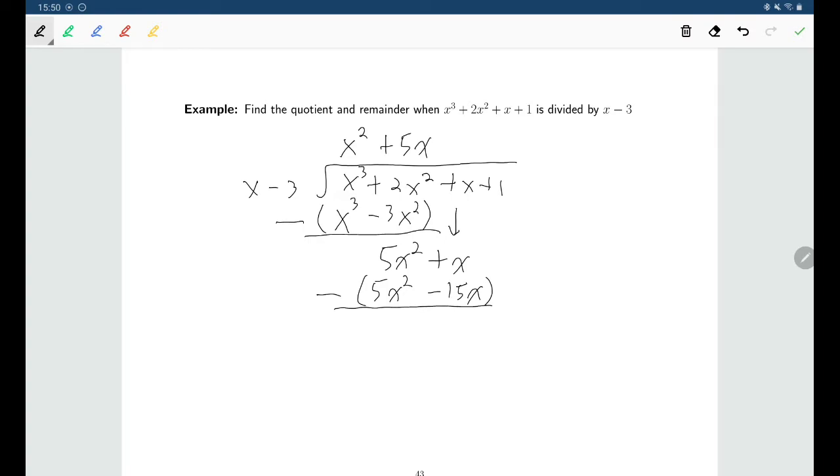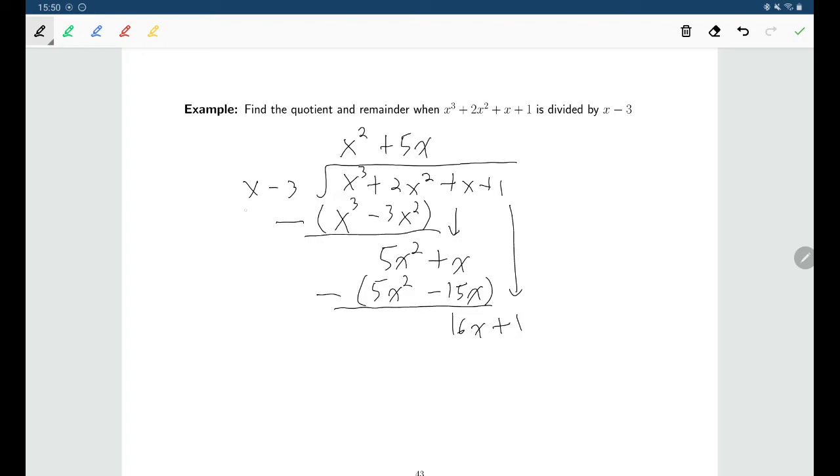I want to make sure that I'm subtracting not just the first term, but I'm subtracting both terms. 5x squared minus 5x squared is gone, and then I've got x minus negative 15x, which is same thing as x plus 15x, or 16x. And then we bring down the next term and continue the process.